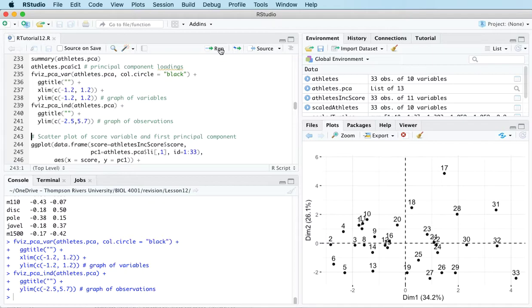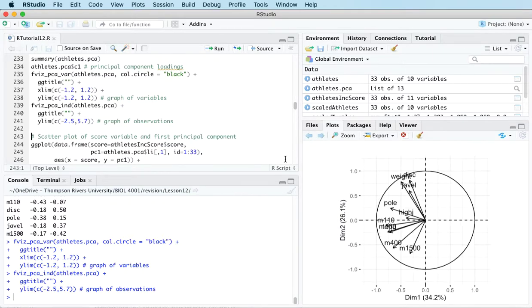Actually, no, let's go back. I'm skipping ahead. If I look at a graph of the variables, now they're all pointing in the same direction. So we can think of dimension 1 as representing overall performance, because dimension 1 is on the horizontal axis, and all the loadings are pointing in the same direction in terms of dimension 1.